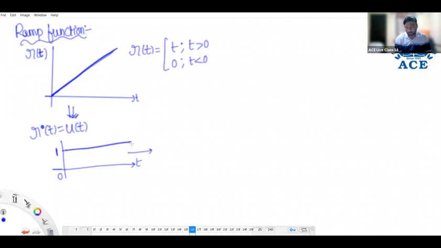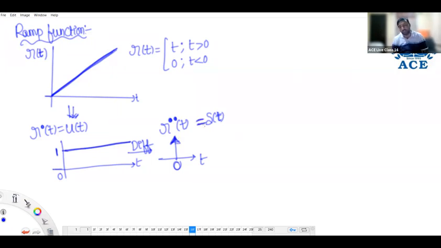If you take one more derivative, at the point of jump location, we get an impulse. Differentiation of a straight line is a constant. Differentiation of a constant is, at the point of discontinuity, an impulse.